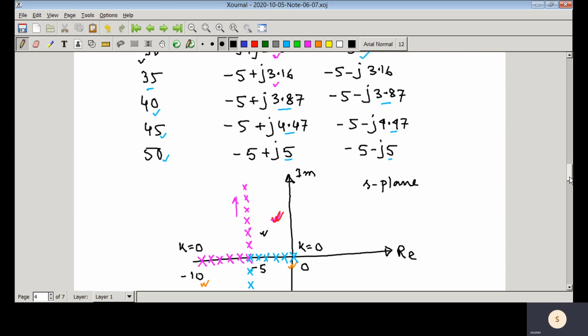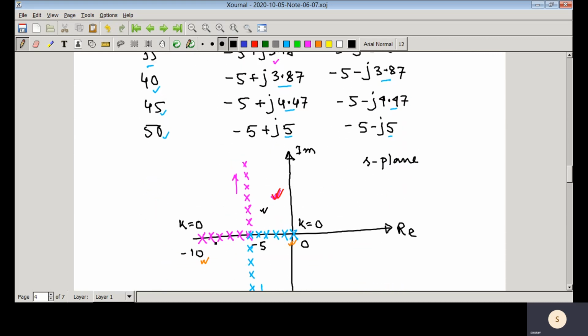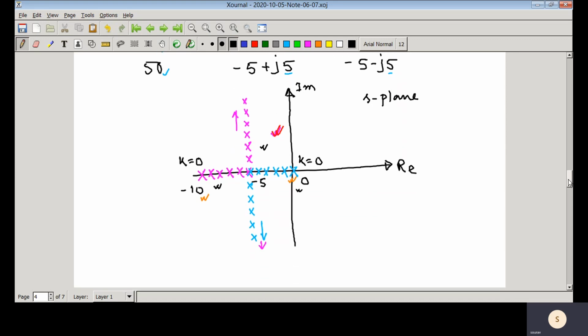If you vary K, this is the locus of two poles, how the pole at minus 10 and the pole at 0 vary when K is varied. That is the plot of the root locus, and when K equals 0, the root locus starts from the open loop poles.